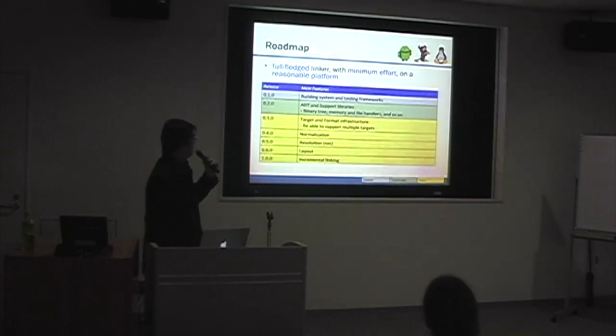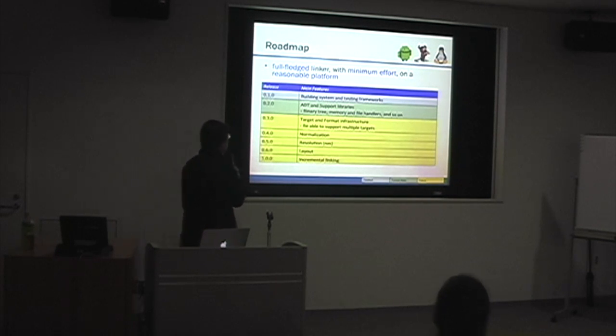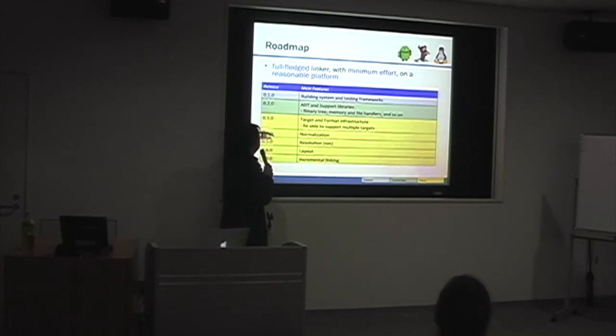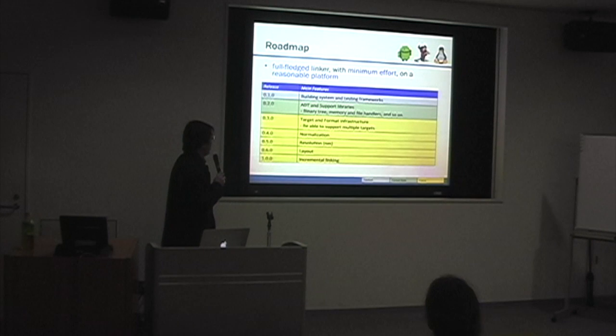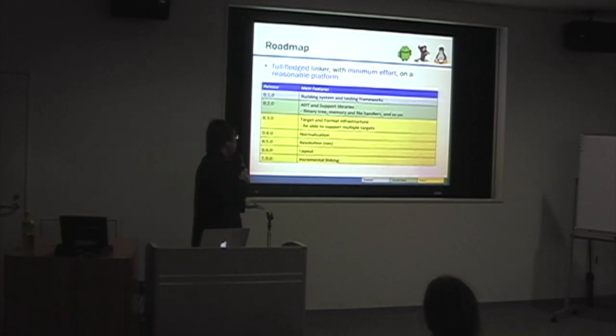Okay, and this is the roadmap. The gray bar is what we have already done, and the green bar is what we are doing. The yellow one is what we are planning to do. Now we are trying to implement all the ADT and support like binary tree, memory allocator, and file handler, because a linker is an interesting program.